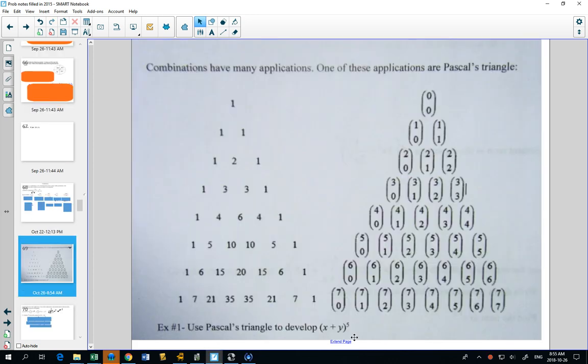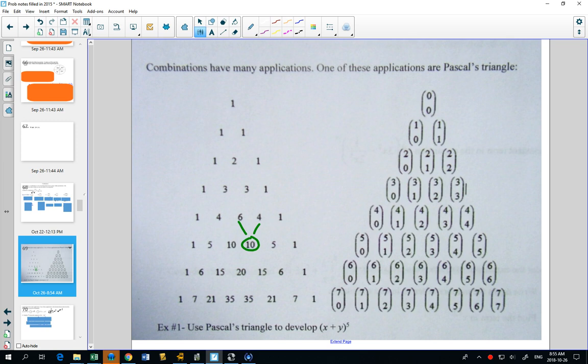There is Pascal's triangle. With Pascal's triangle, you can find the next row by adding up the numbers above it. So if I want to find this number 10, I can get that by adding 6 and 4.